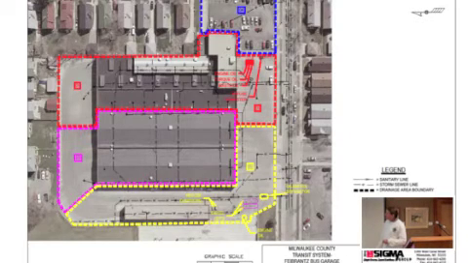So after you've done an inventory of your yard and the different activities and the different things that you're storing in your yard, the next step would be to develop a drainage plan, if you will, or a drainage map.